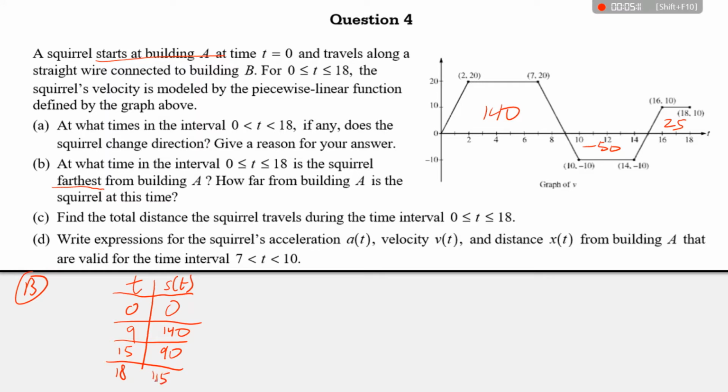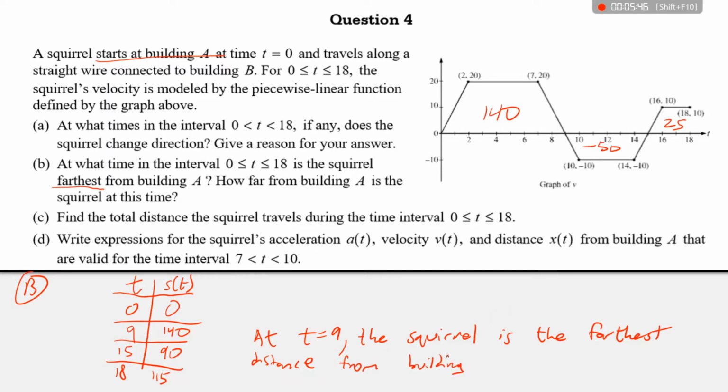Okay, so what can we conclude? Therefore, at t equals 9, it is farthest from building A. And then why did we pick t equals 0, 9, and 15 again?